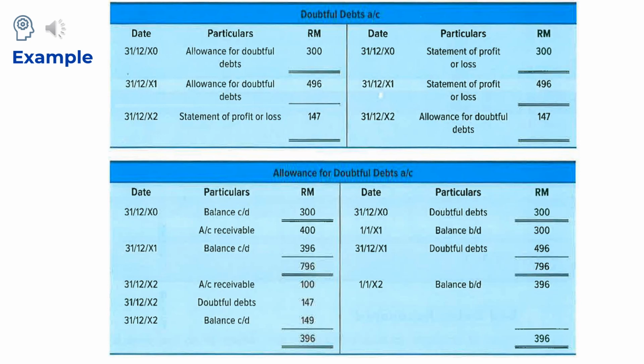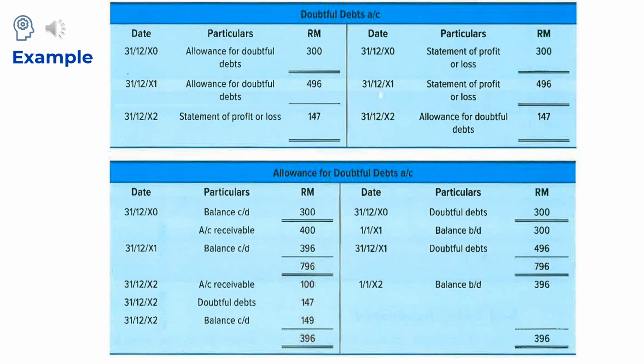And then we have calculated that the balance CD for 1% allowance for doubtful debts for 20x2 should be 149, as we calculated in the prior slides. So the balancing figure for doubtful debts is 147.